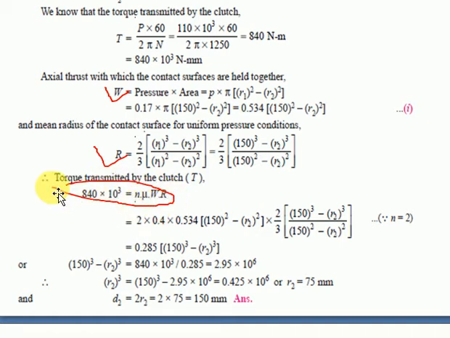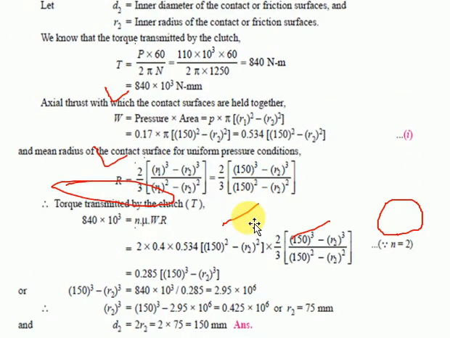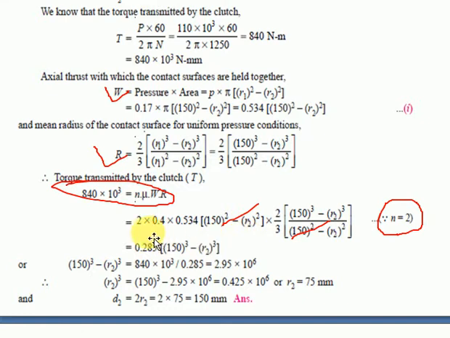You can see here this will be removed. 150 minus R2 square, and we have to assume that n is equal to 2 because it is clearly mentioned that there is a contact surface on each side, so it is a both side working plate clutch, so n is equal to 2.